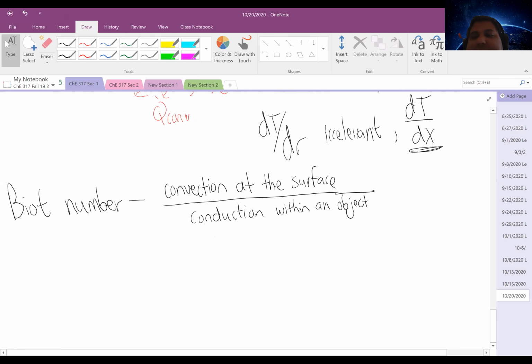It's a comparison between the two forms of heat transfer occurring within the system. Which one is dominating and limiting the system?